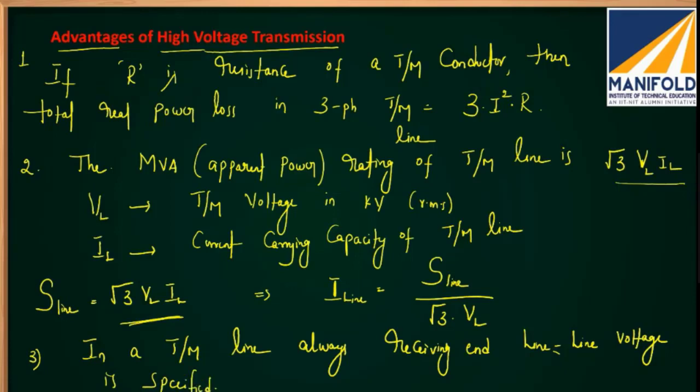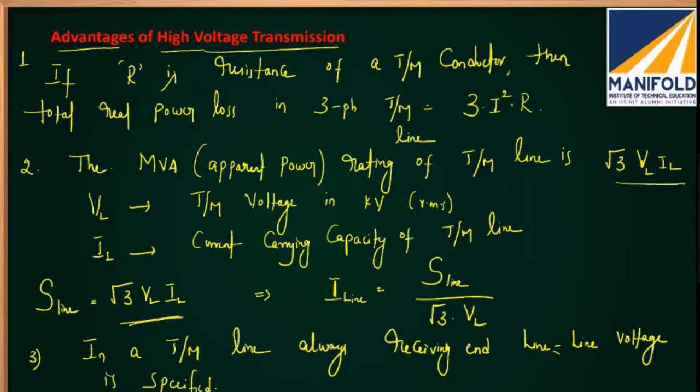Sir, what is the meaning of this point? When I say 33 kV transmission line, someone asks whether this 33 kV is the sending end voltage or the receiving end voltage. We always specify the transmission line voltage at the receiving end.